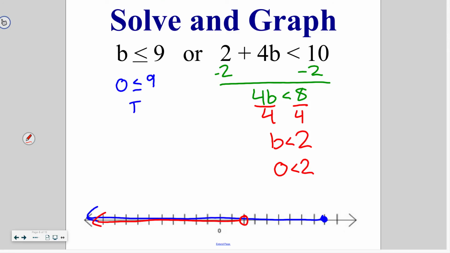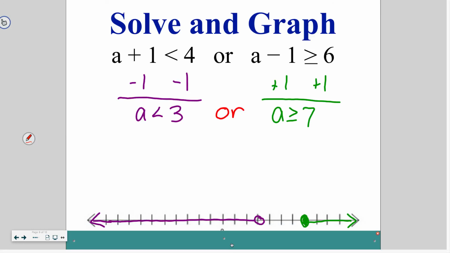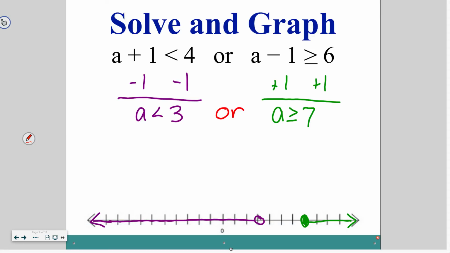So there's no extra shading when you are doing unions. Go ahead and try this one on your own. First one, you get an answer of y is less than 3. So that's the open circle going to the left. Or second option is a is greater than or equal to 7, so that's that closed dot going to the right. If you have questions about this, please let me know when you get to class.